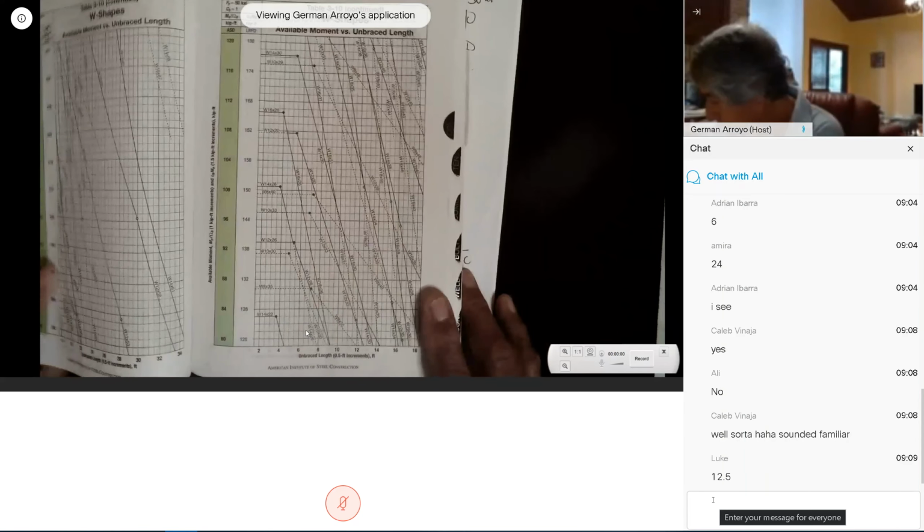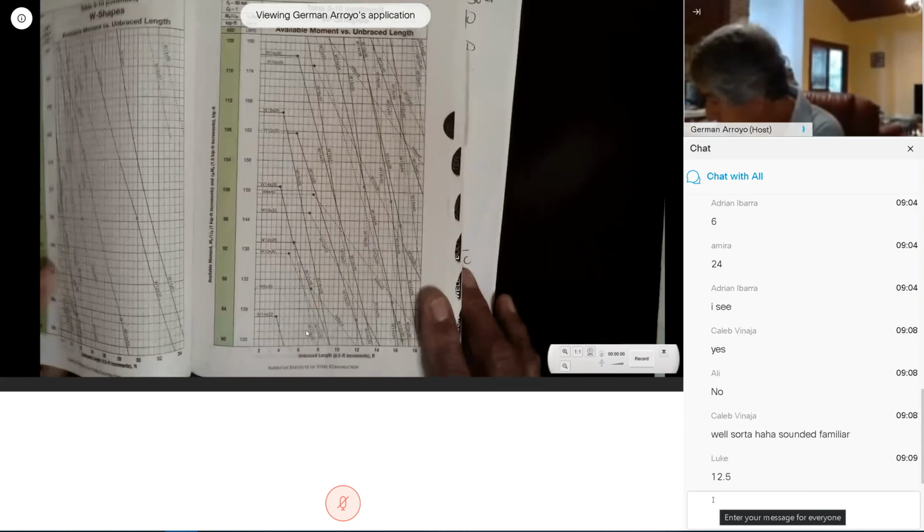Go to the unbraced length and hit the section that you selected and go to the left and read this number. Okay. So call that phi M n. And we're going to check it later.